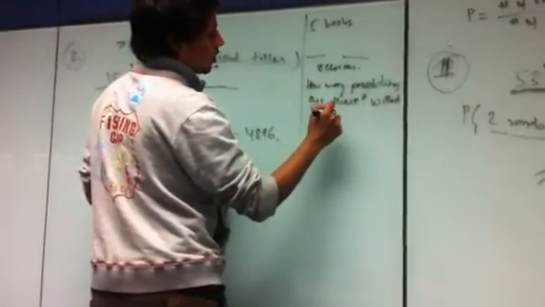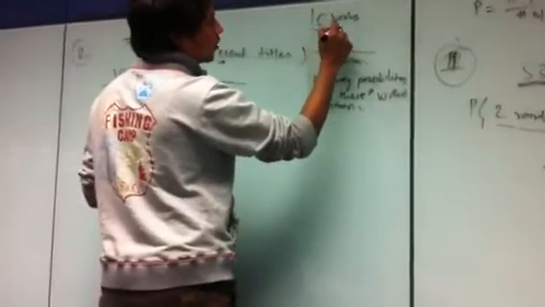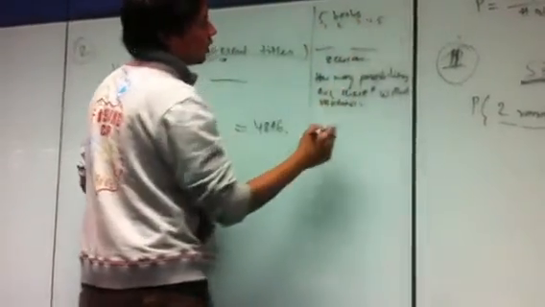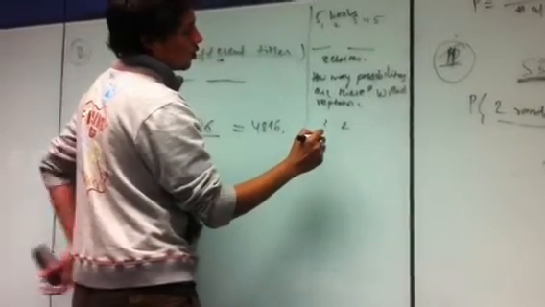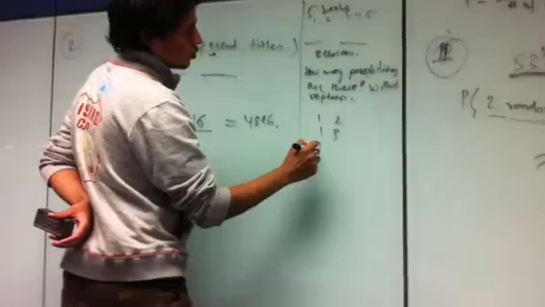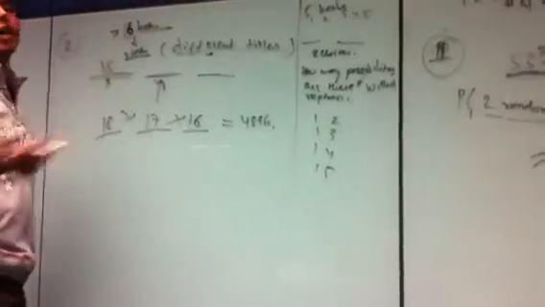So what are the combinations you can use? Say this is 1, 2, 3, 4, 5. You can choose 1 and 2, 1 and 3, 1 and 4, 1 and 5. This is how you choose, but the way you calculate is different.